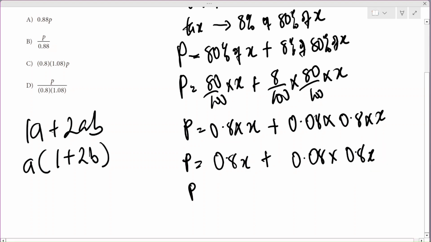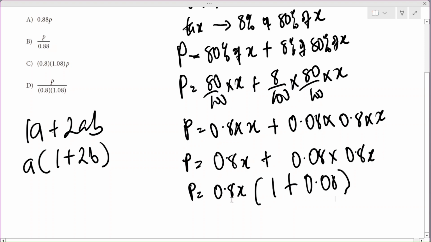So we have P equals 0.8x, we factorize, which is common in both terms. Open bracket. If you divide 0.8x by 0.8x, you'll be left with 1, the same thing as saying a in 1a is 1. Then 0.8x in 0.08 times 0.8x cancels, you'll be left with 0.08, close bracket.